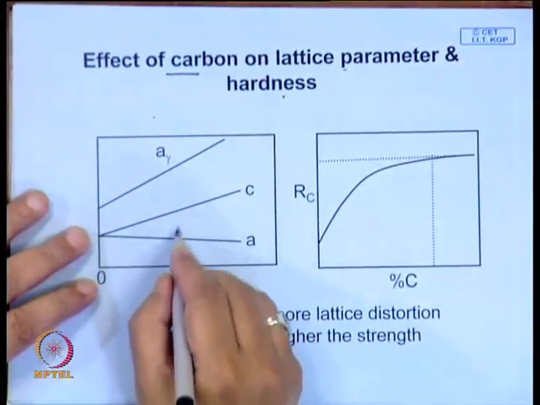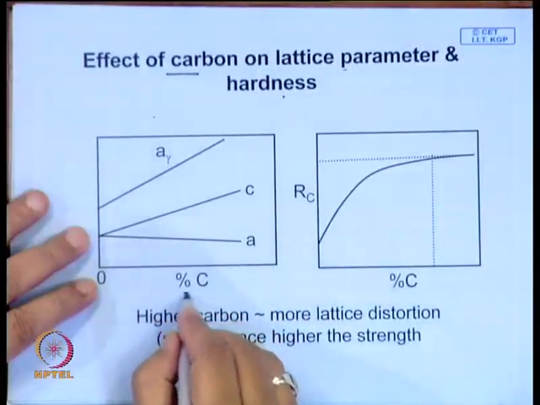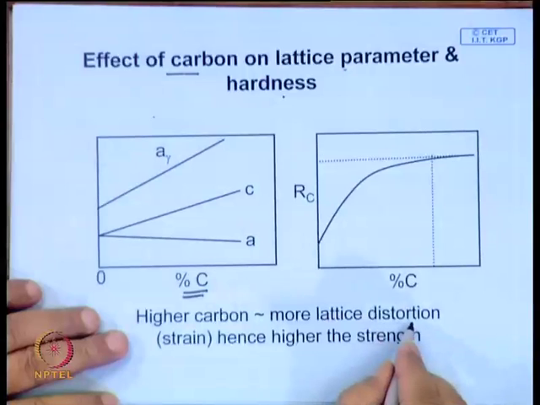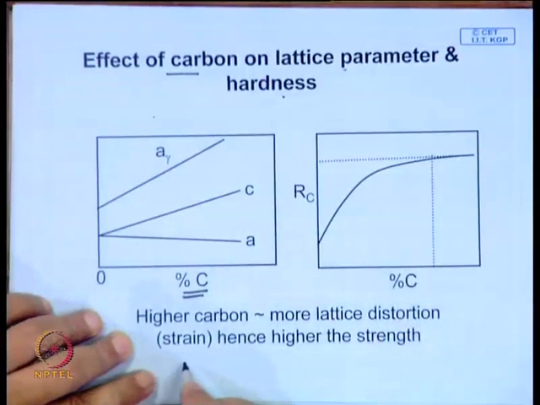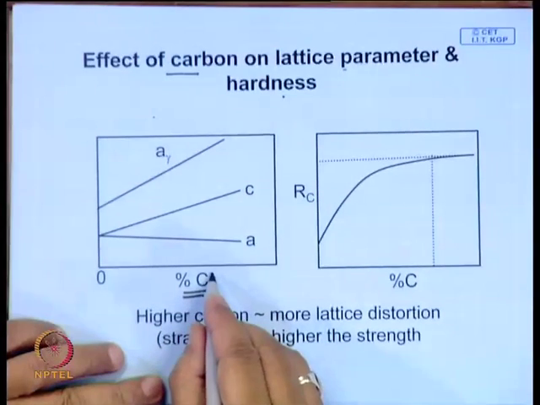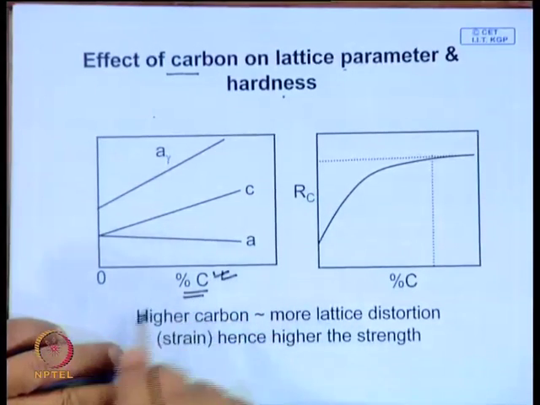So, on the whole it is the C by A ratio which increases with carbon content. So, with higher carbon content, there is more lattice distortion, so more local strain. Therefore, they have higher strength apart from the solid solution contribution of carbon.